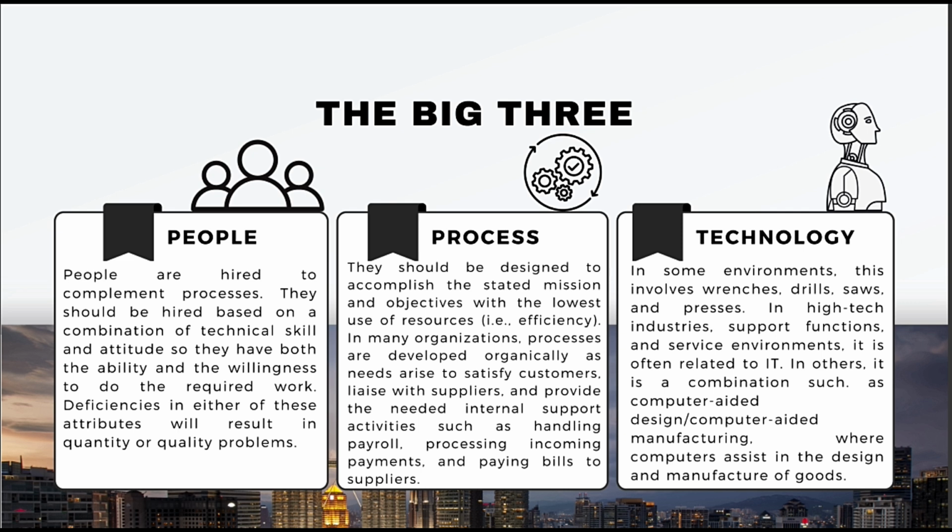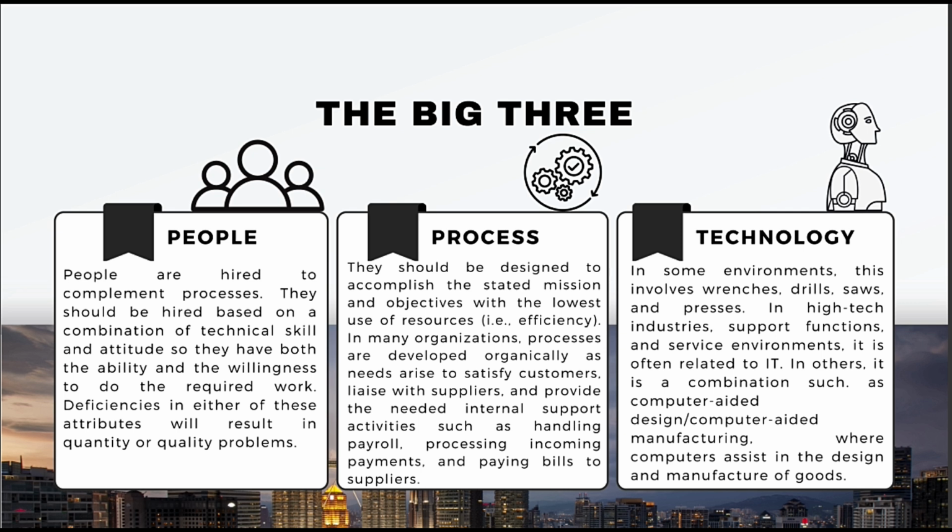Regular review and optimization of processes are necessary to ensure they remain aligned with organizational objectives and evolving needs. Processes within organizations play a crucial role in achieving the stated mission and objectives efficiently.